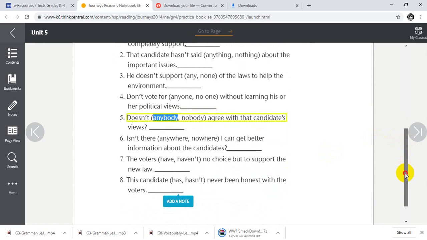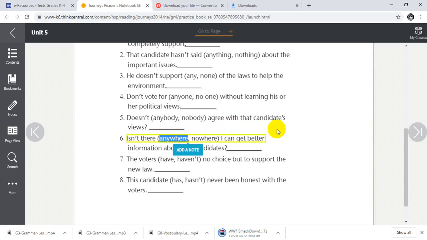Okay. Number 6. Isn't there anywhere or nowhere I can get better information about the candidates? Isn't, negative, nowhere, negative. So we're going to choose anywhere, right? Yes. Anywhere is the correct answer over here. Number 7.